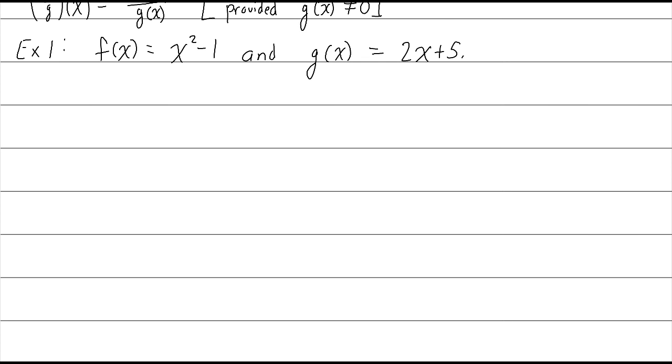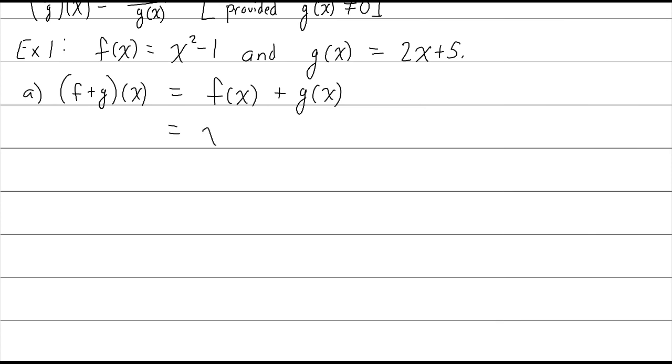Let's go through and actually find f plus g of x and all the other ones. Okay, so let's start off with that. f plus g of x. Remember what that means. f of x plus g of x, right? Well, we know what f of x is, and we know what g of x is. f of x is x squared minus 1, plus g of x is 2x plus 5.